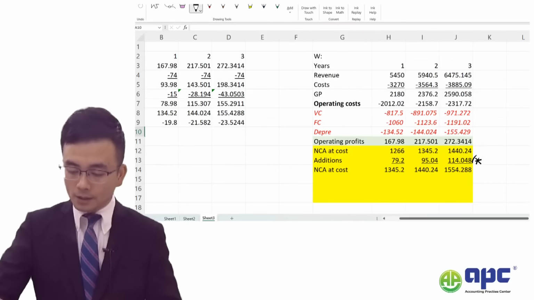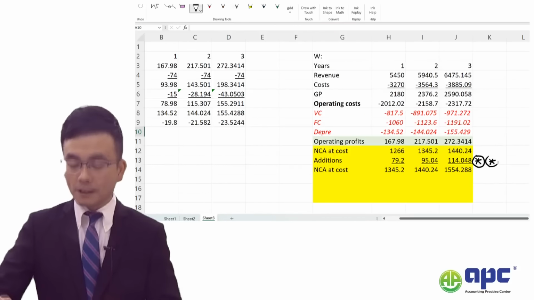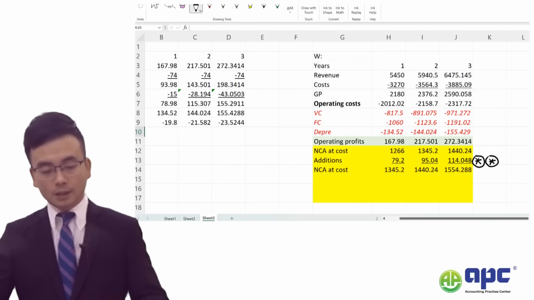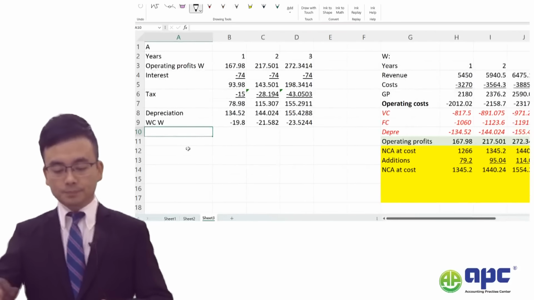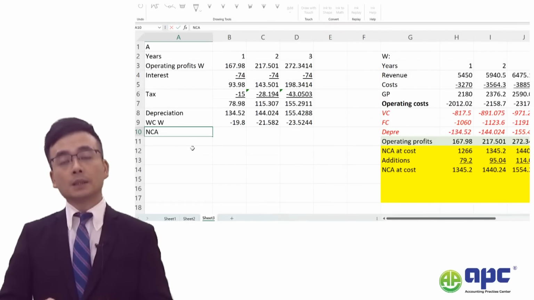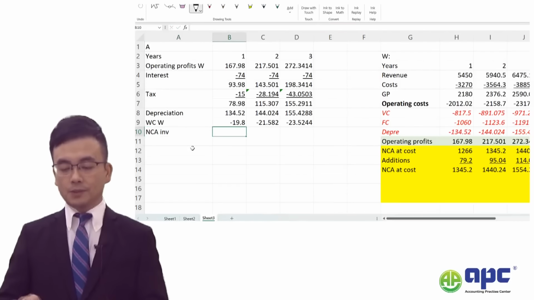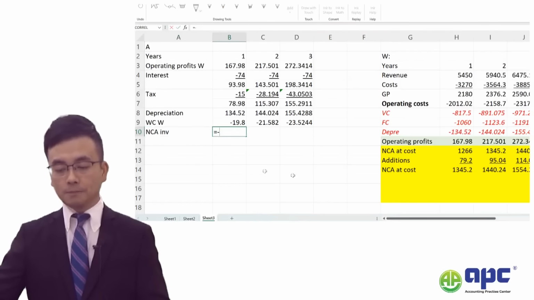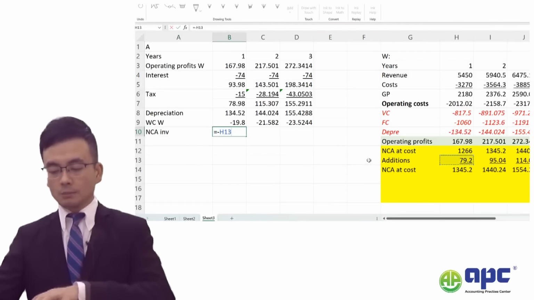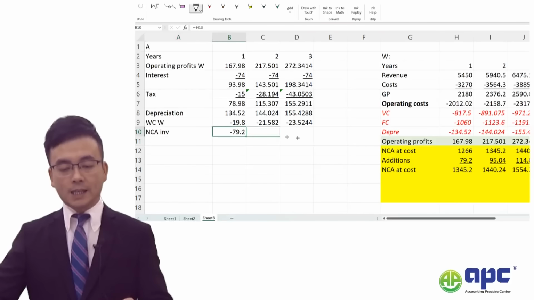That would be standing for the investments that you need. And that's why we can also say the additions or non-current asset investment will take the minus figure, the additions, press enter and drag it here.